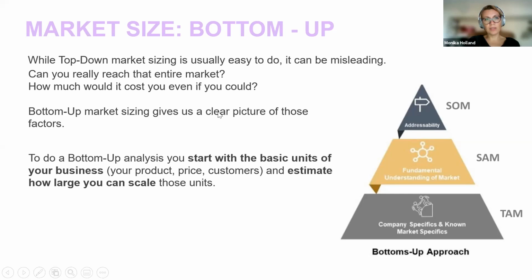So when we did the customer segmentation, we can evaluate for every segment what is the potential, and calculate our SAM. And we can do that going up or down, but the result should be similar.